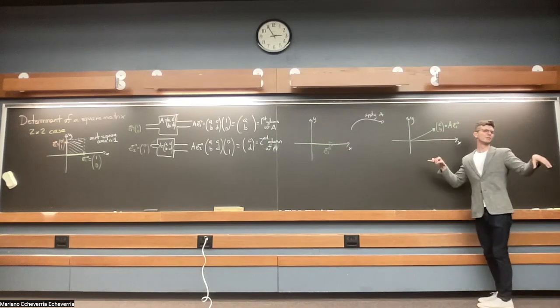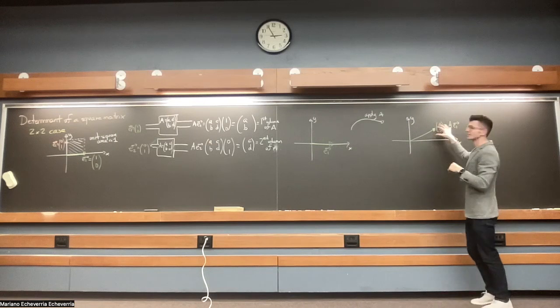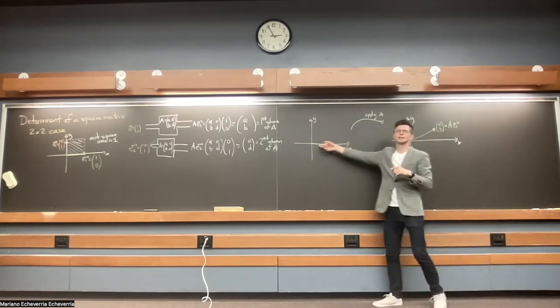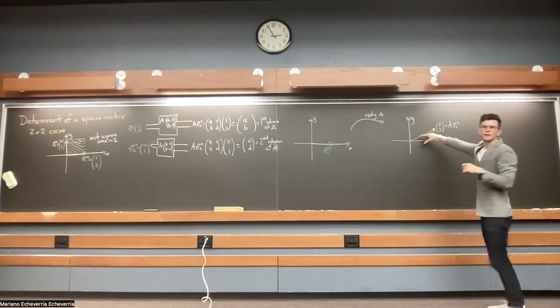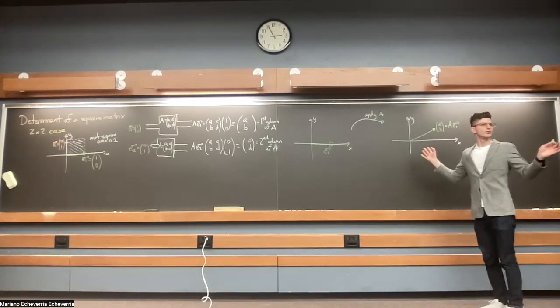Just for visualization purposes, I'm drawing it somewhere in the first quadrant. Even the length could be different. This one had length 1, maybe this one has length 3 or 1/2. Many things can change about the vector. So it's just a new vector.